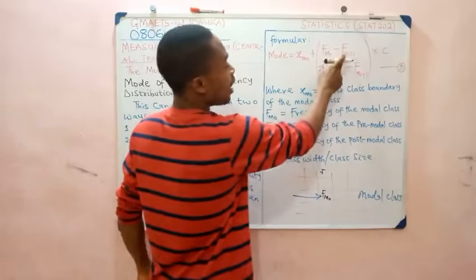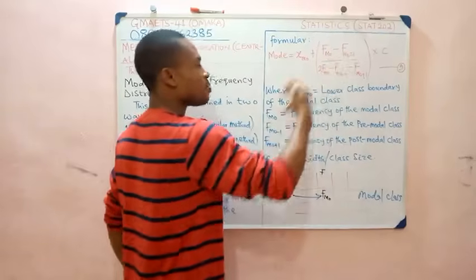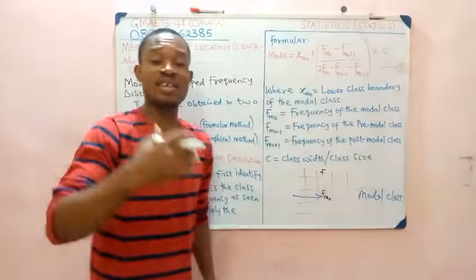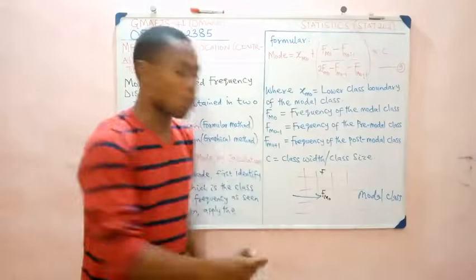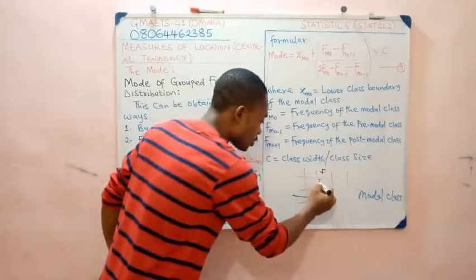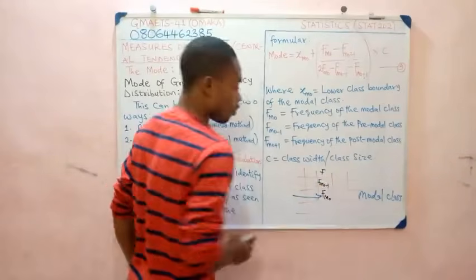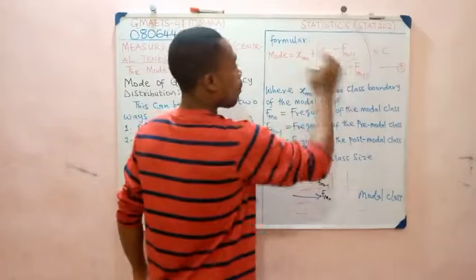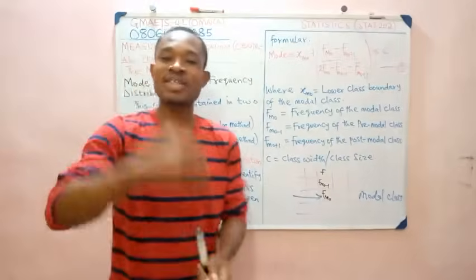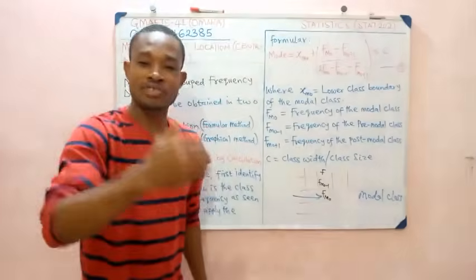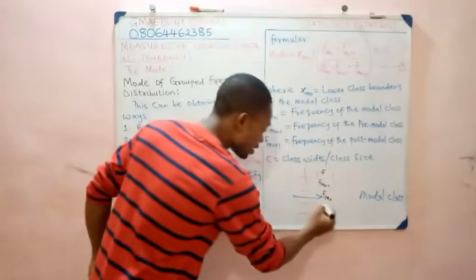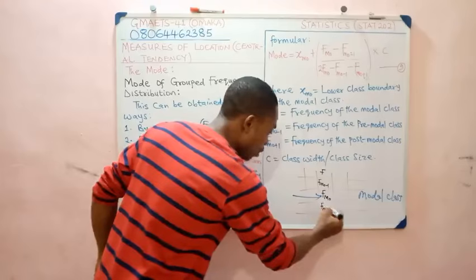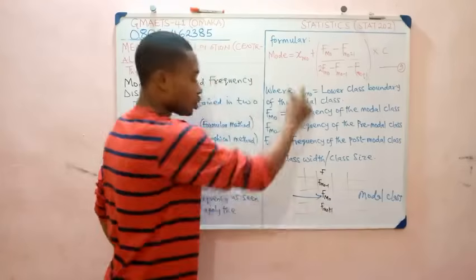Then this f mo before means the pre-modal frequency. That is the frequency before the modal class frequency, which happens to be this on top. So this is your f mo negative 1. Then your f mo plus 1 is the frequency after the modal class frequency, and we refer to it as the post-modal frequency. So that's going to be this one, f mo plus 1. So that's the meaning of those terms there.